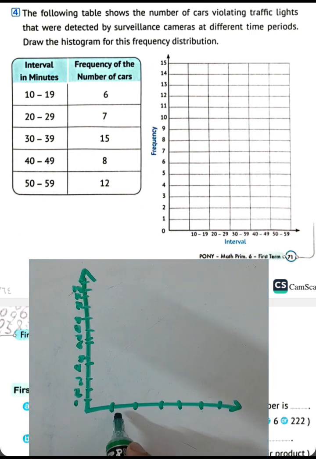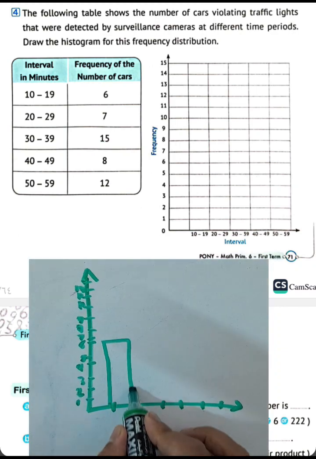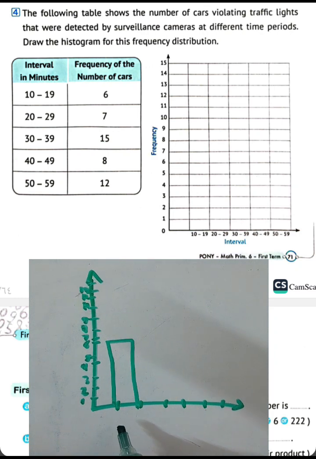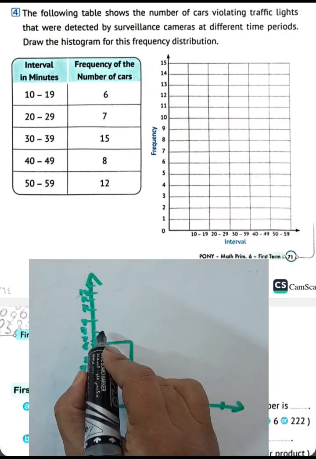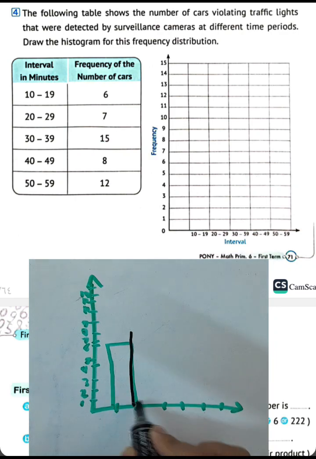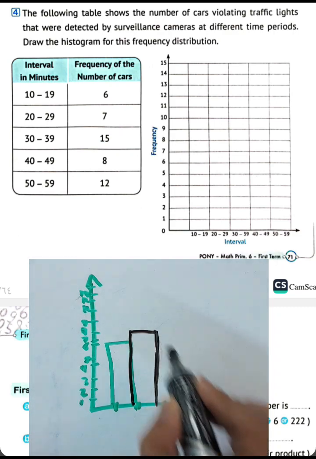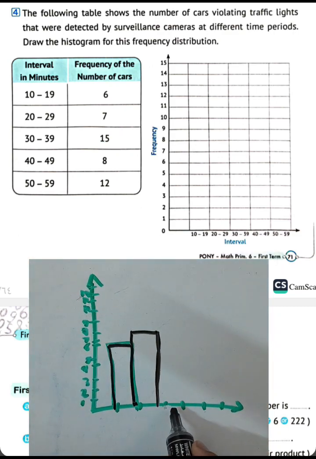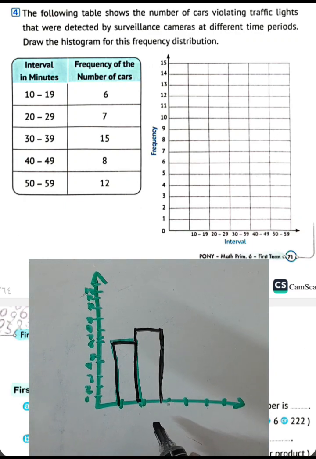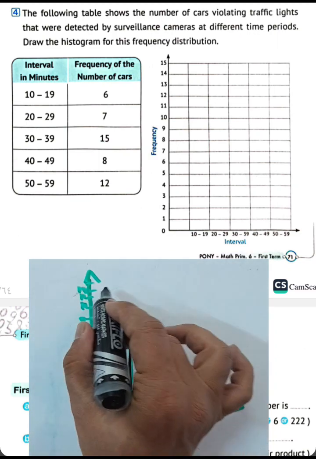First interval goes to 6. Second interval goes to 7. Third interval goes to 15.